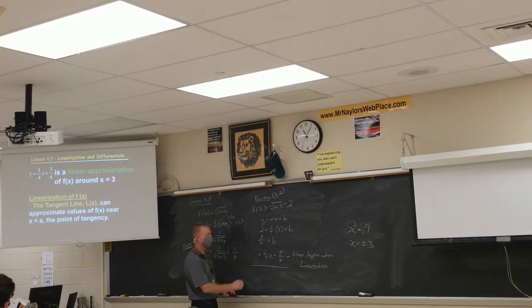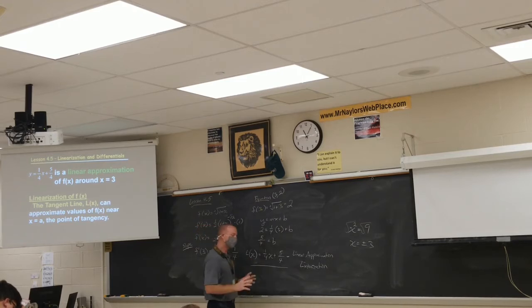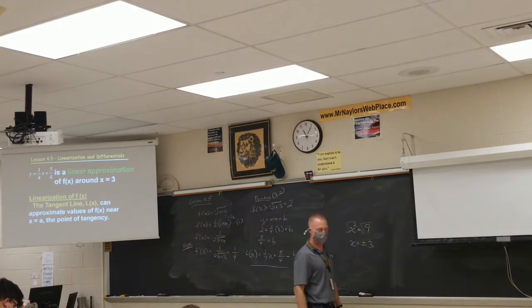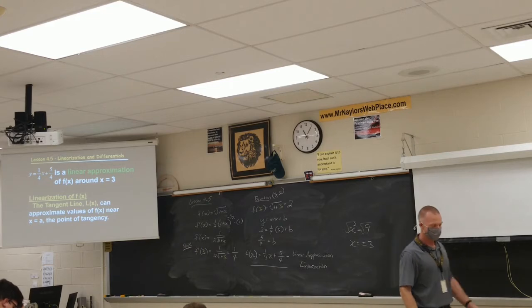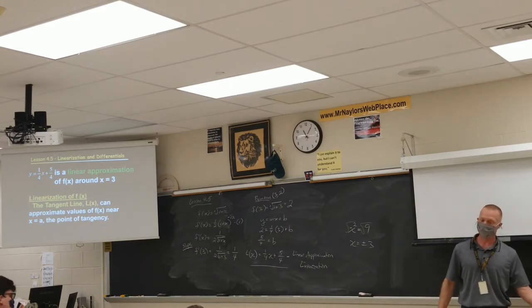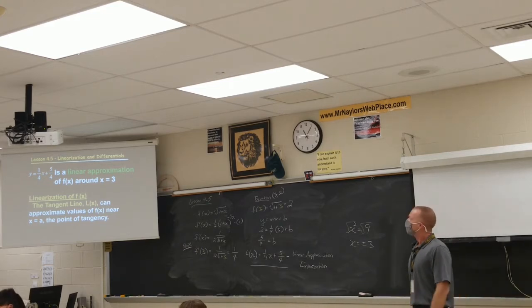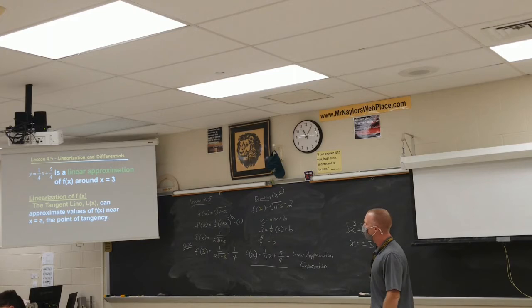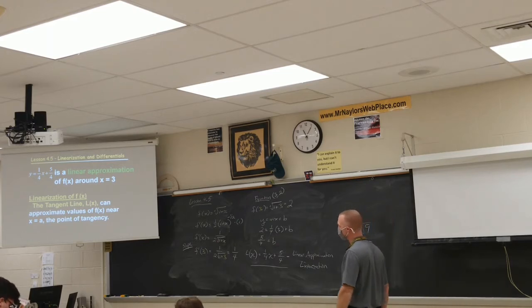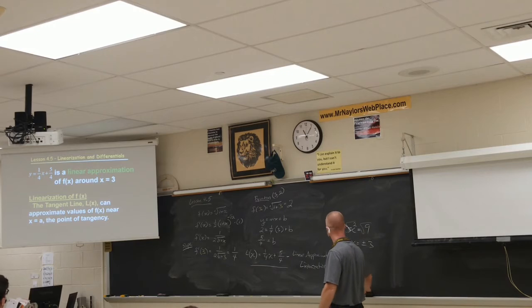I should have done that up here. So L of x is this tangent line. It's the equation of the tangent line, actually. And again, it approximates the original function. It approximates f of x.